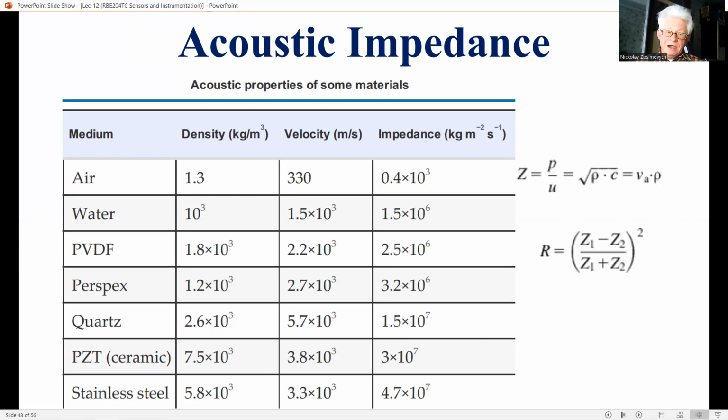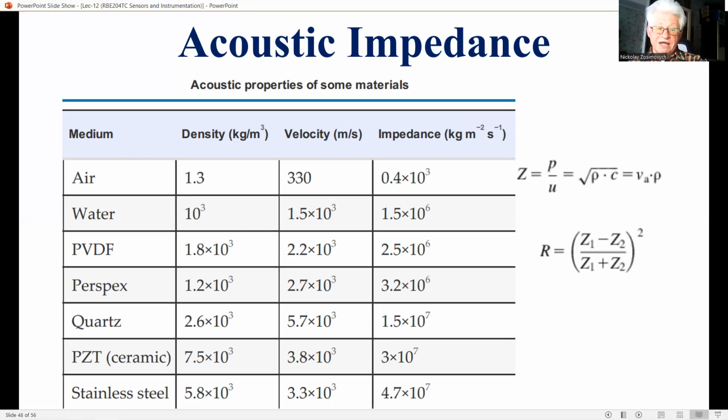Similar to light waves, which show reflection and refraction on the interface of two media with different optical properties, like refractive index, dielectric constant, and conductivity, sound waves are also reflected at the interface of two media with different acoustic properties.